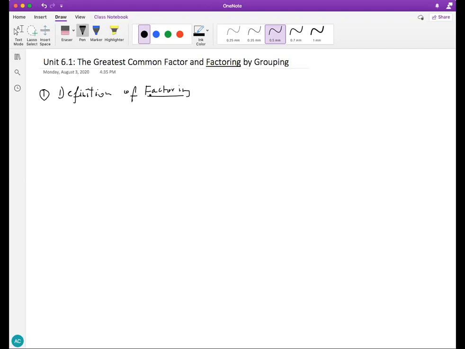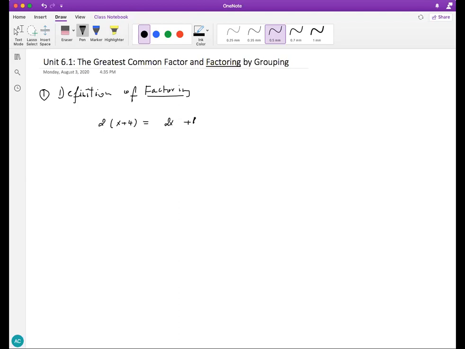So it helps if you review those rules because they're used here in factoring. The easiest way to define factoring is to go backwards. Let's say we have 2 times (x plus 4). Okay, that's an algebraic expression. What is this equal to? If we use the distributive property, 2x plus 8. That's right, it would be 2 times x, which is 2x, and 2 times 4, that's 8.